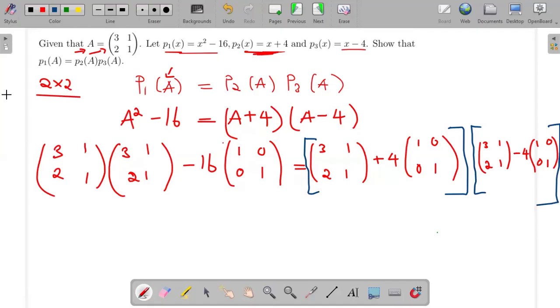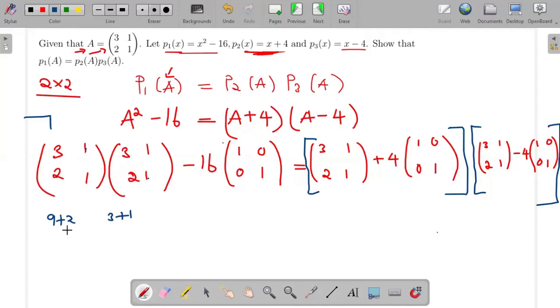I'm going to multiply row by column. So 3 multiplied by 3, that would be 9. 1 multiplied by 2, that would be plus 2. And then 3 multiplied by 1, that would be 3. 1 multiplied by 1, that would be plus 1. Then I come to this row, multiplying by the first column.